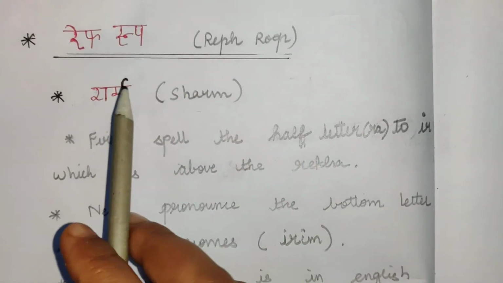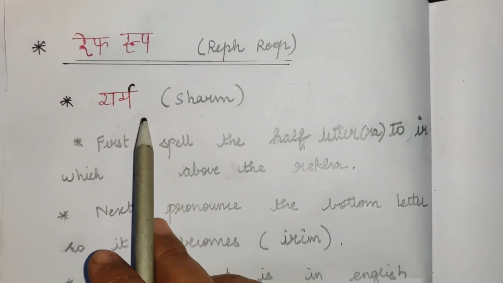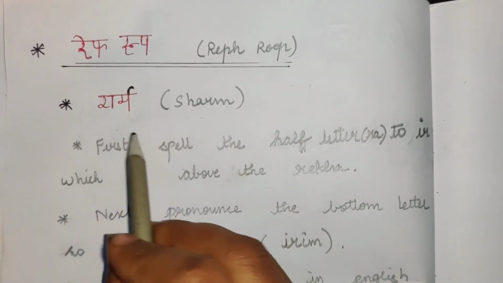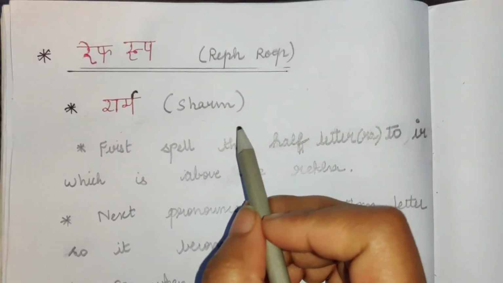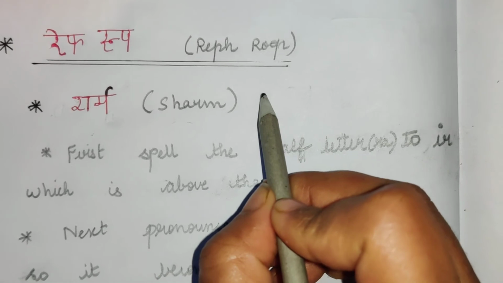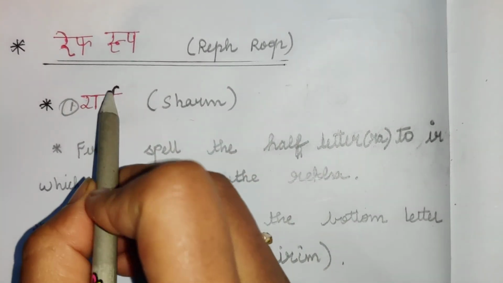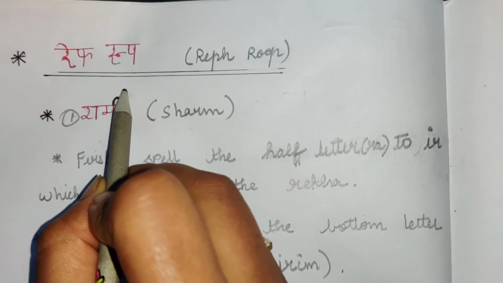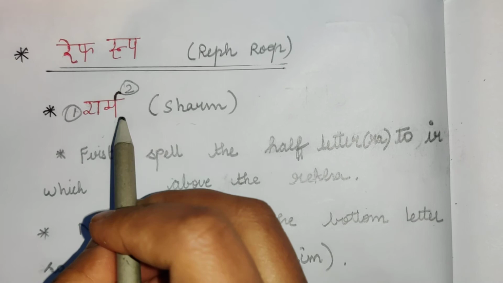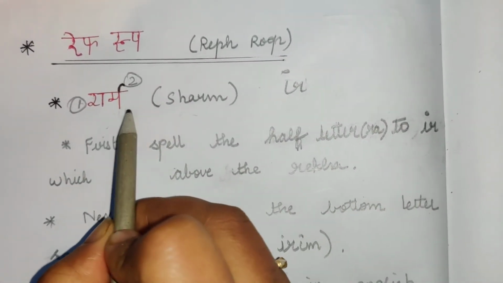And next we will be seeing the Ref Roop. The Ref Roop has a slightly different concept. So this is sham. Sham means shame. So how do we sound it? First the letter sha as usual, and above the Shiroreka we have to sound it like ir, then im, sham.